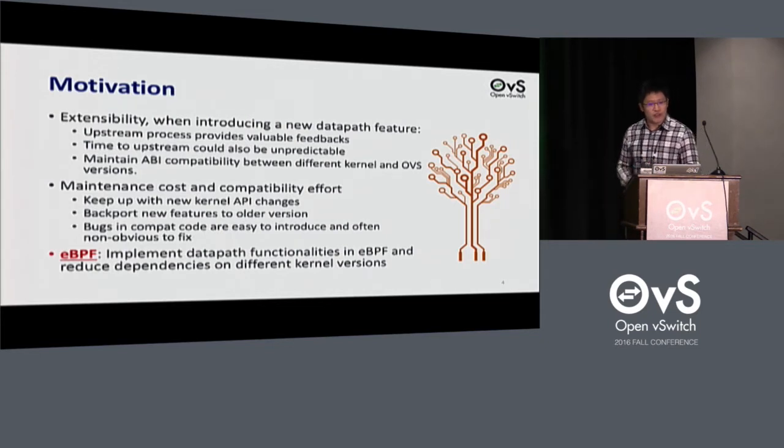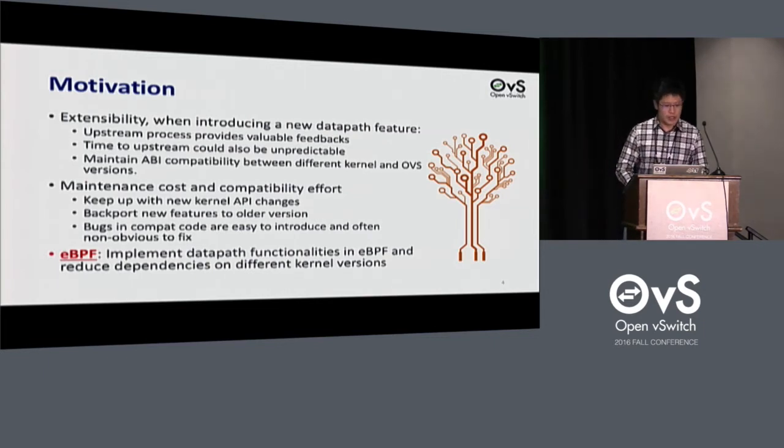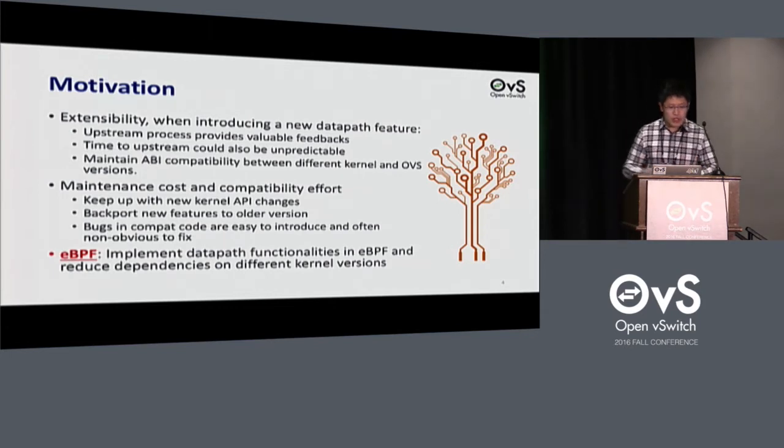The upstream process gives us valuable feedback, but the time to upstream could be unpredictable. And once this data path feature gets into upstream, we also need to maintain API compatibility, which means we need to make sure different OVS versions and different kernel version modules work correctly. And after that, we have maintenance costs and compatibility efforts.